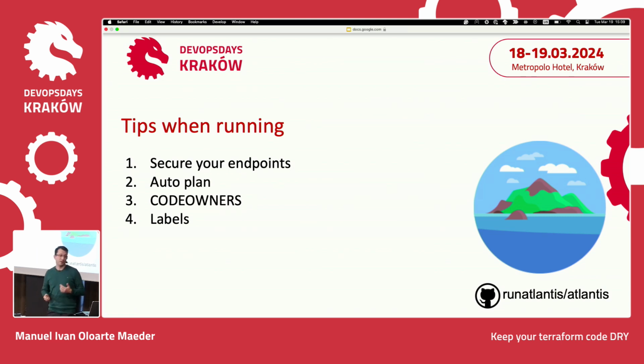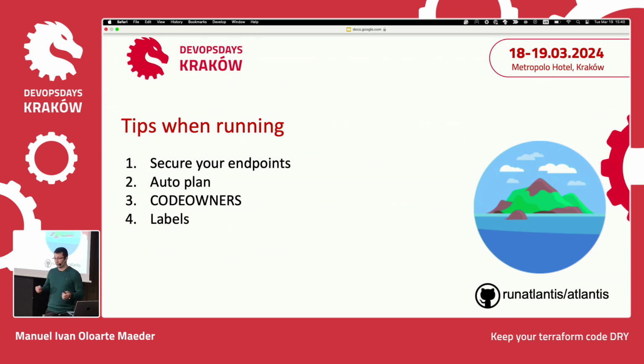So be careful with that. Try to use code owners. Code owners make sure that only certain people are allowed to approve your pull requests. Otherwise, if everybody can apply, resources could be applied or deleted in your production environment.